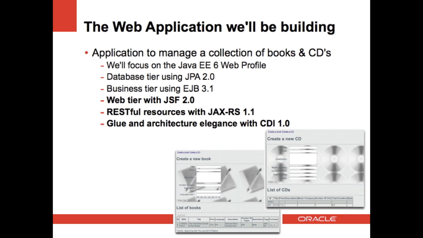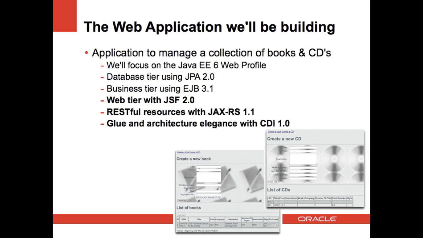The first one is the web tier with JSF. So that's Java Server Faces, the standard MVC framework for writing applications in Java. And the second one is JAX-RS 1.1, which lets you actually use POJOs, plain old Java objects, and expose them as RESTful resources.